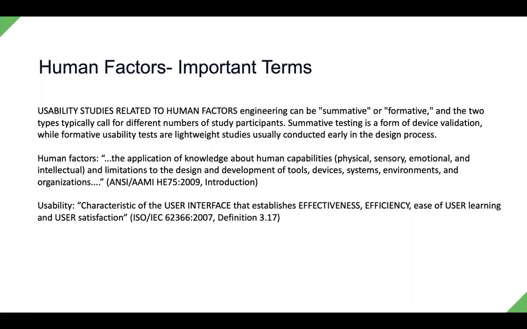The first one is what we call formative, and I remember this by it's what you do when you're forming your ideas for your product, and it is the process of building prototypes, putting them in front of users, getting feedback, and all in sort of a very lightweight, early in the design process to get inputs to your design.